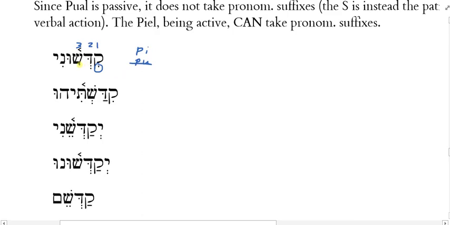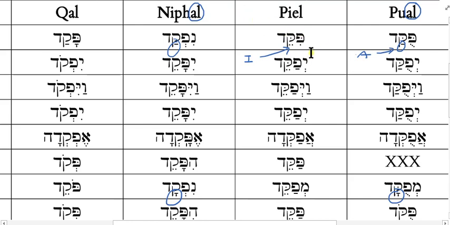Good. Now, I have a chireq under that root 1. There is only one place in the Piel where a chireq is under root 1. Everywhere else, it's an A vowel. Where do you see it in the Piel? In the Piel perfect. Let's just take a look at that principal part sheet for a second. In the Piel, the perfect has the chireq under root 1. Okay, so there's my chireq.